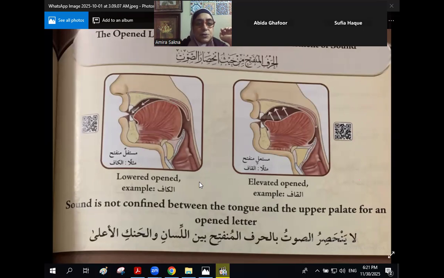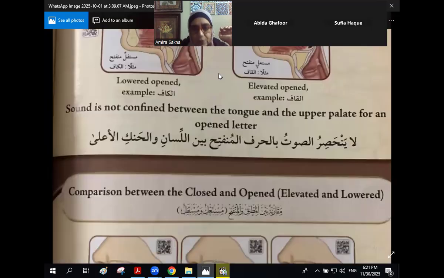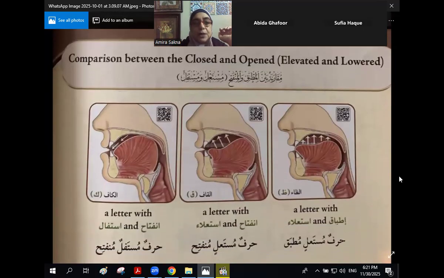Now we are going to see all 3 charts together to make a comparison between the closed, mutbaq, and the open, munfatih, elevated and lowered, مستعلي and مستفل.